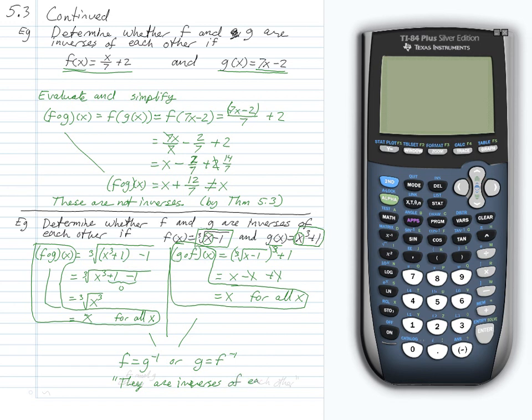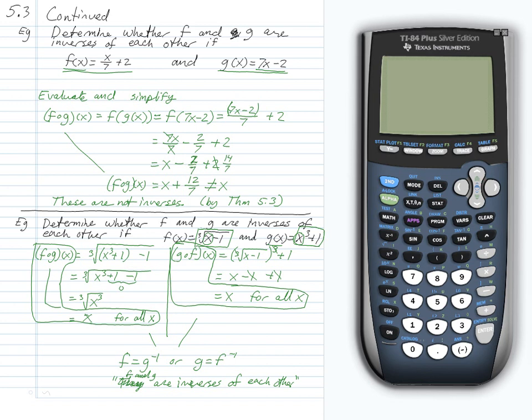And by they I mean f and g. Alright, so we're finished with that one. These worked out. We got x for every value of x in the domain of either function, right?